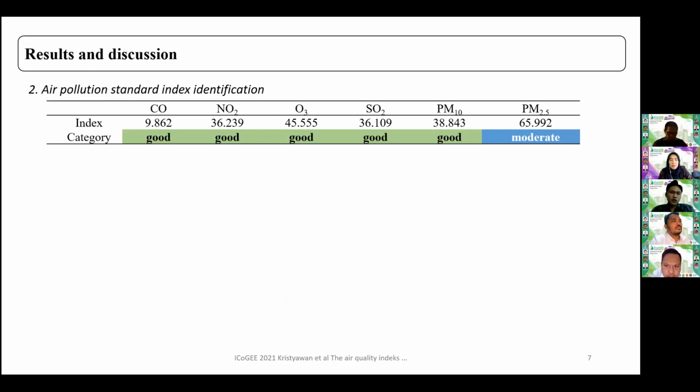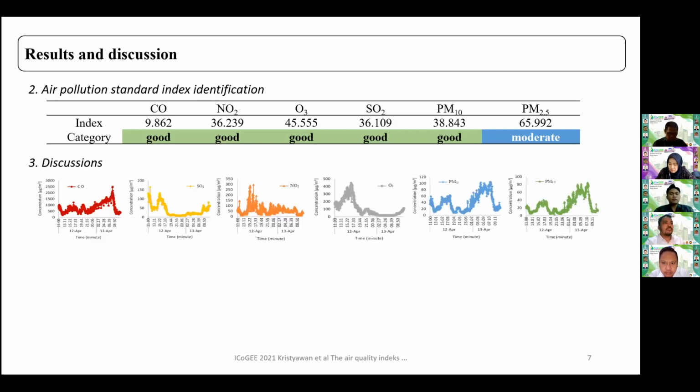The calculation of the air pollution standard index shows us that most of them are in good quality, and only particulate matter 2.5 is in the moderate category.